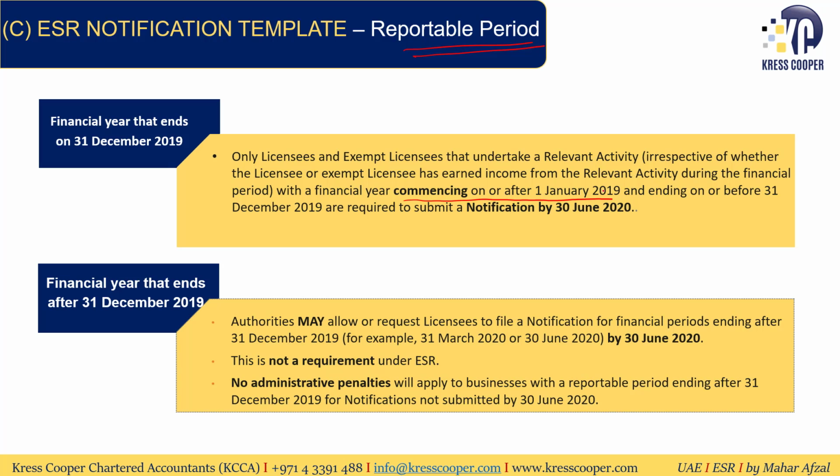And in our previous slide, we had discussed that the notification is required to be submitted within 6 months from the end of the relevant financial year. If the relevant financial year starts on 1st Jan and ends on 31st December 2019, then the notification is required to be submitted by 30th June 2020.